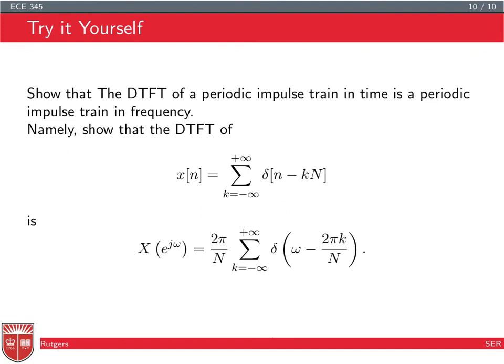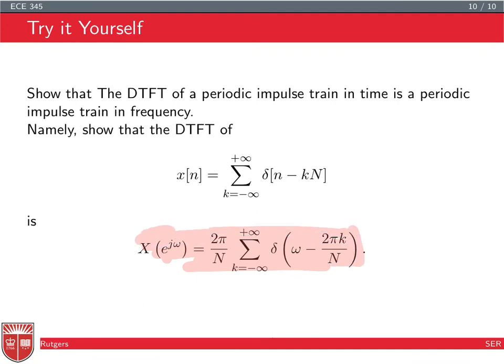The first statement follows immediately from what we did, because an impulse train in time is periodic, and therefore the DTFT of it is also an impulse train. Now the question is, how does it look? The impulse train in the time domain looks something like this, and I want you to show that this would be the DTFT of it.